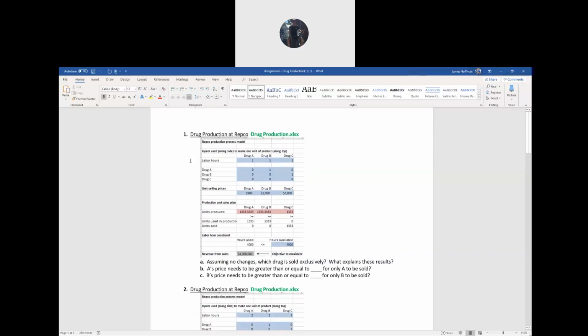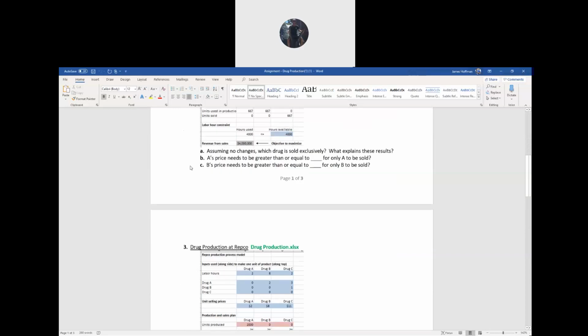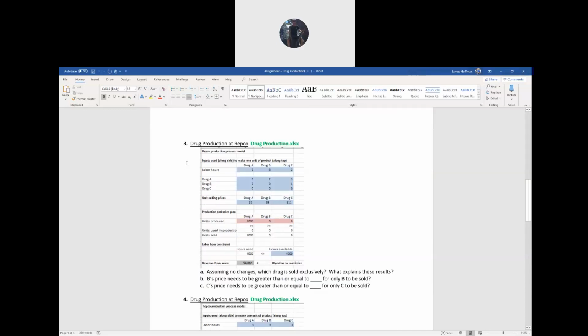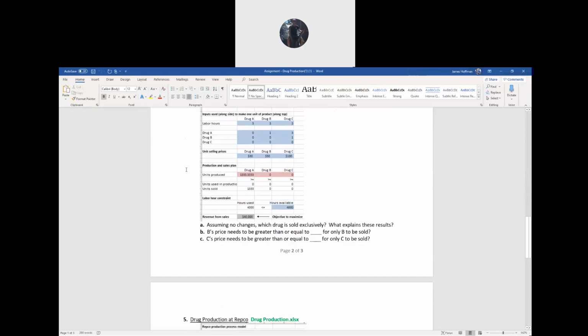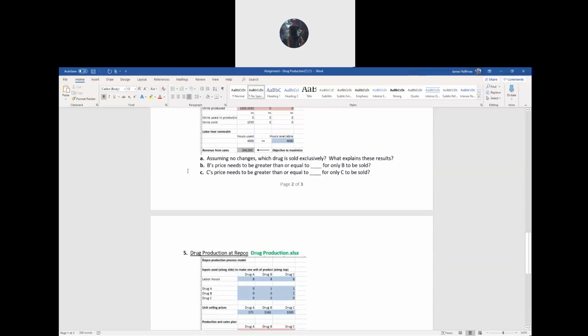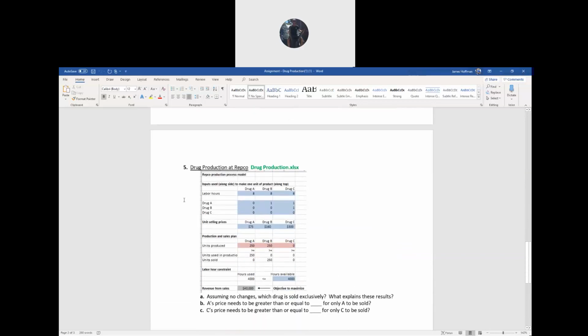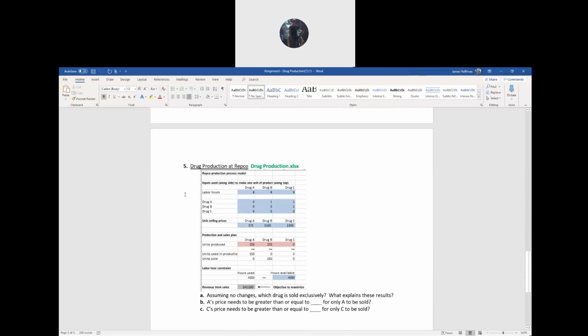There's 5 questions, all based on examples from that drug production Excel file, and we'll go through these. There's 5 total. We'll go through a majority of them in class, and I'll have you do at least one on your own. These 5 questions are the assignment for today, so we'll start going through this.